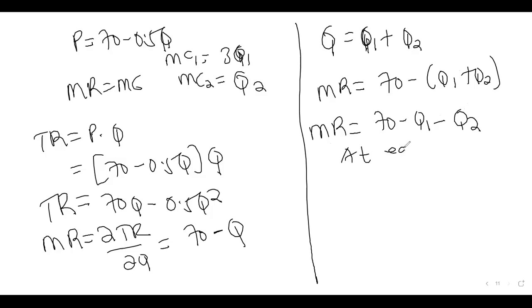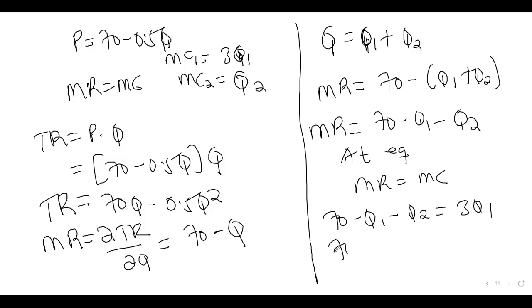At equilibrium, MR is equal to MC, and we have 2 MCs. So the MR, 70 minus Q1 minus Q2, is equal to MC1, which is 3Q1. Another equilibrium is when 70 minus Q1 minus Q2 is equal to MC2, which is Q2.